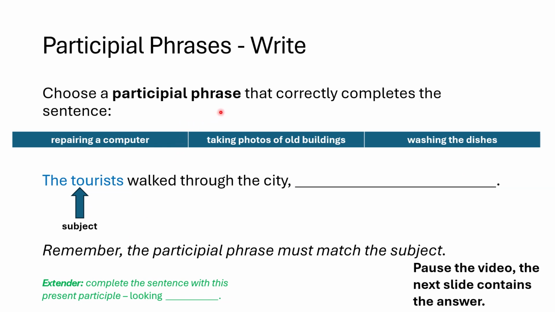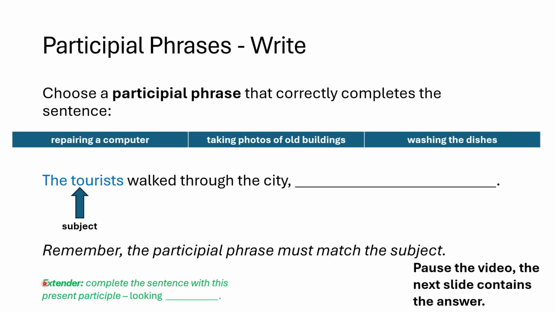Choose a participial phrase that correctly completes the sentence. The tourists walked through the city, repairing a computer, taking photos of old buildings, washing the dishes. Remember, the participial phrase must match the subject.